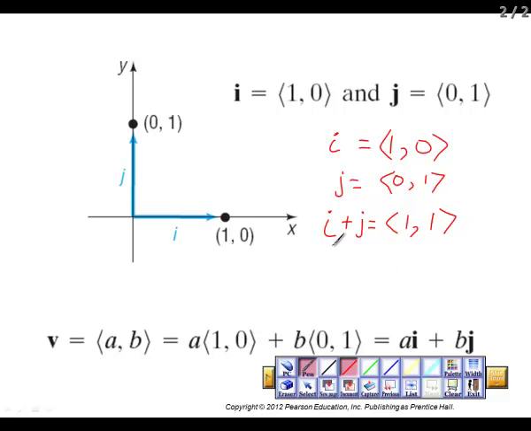So we can see that we have our component form of our vector, and our vector in terms of i and j. So we could say that vector v is 1i plus 1j. Okay.